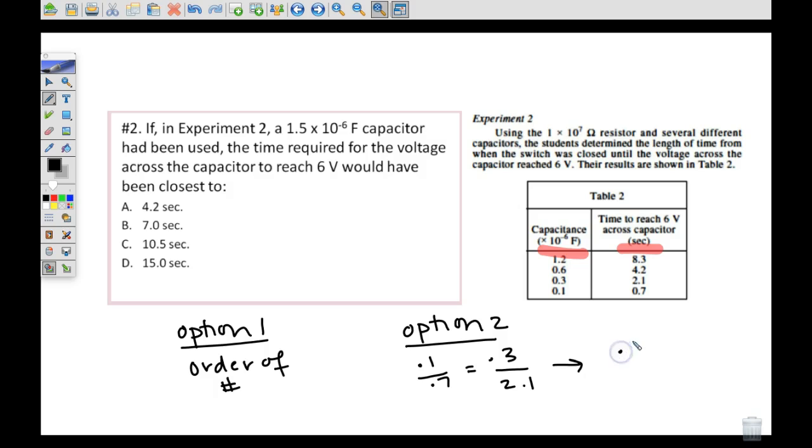If 0.1 times 10 to the negative 6 capacitance yields 0.7 seconds for the time to reach 6 volts across the capacitor, I can predict what would happen with 1.5 times 10 negative 6 farads over x. And x is equal to 10.5 seconds. So your answer for number 2 is C.